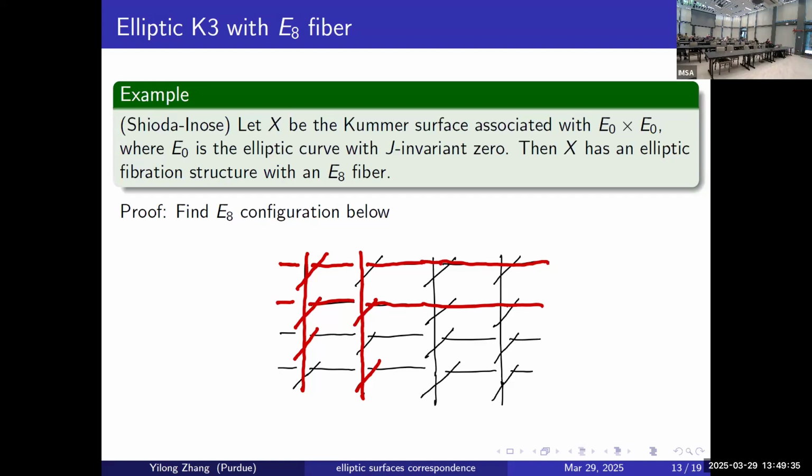So let's just do that. You have, let's say, E1 times E2, and you have the involution operation on that. So this is going to be: x1, x2 maps to negative x1, negative x2.